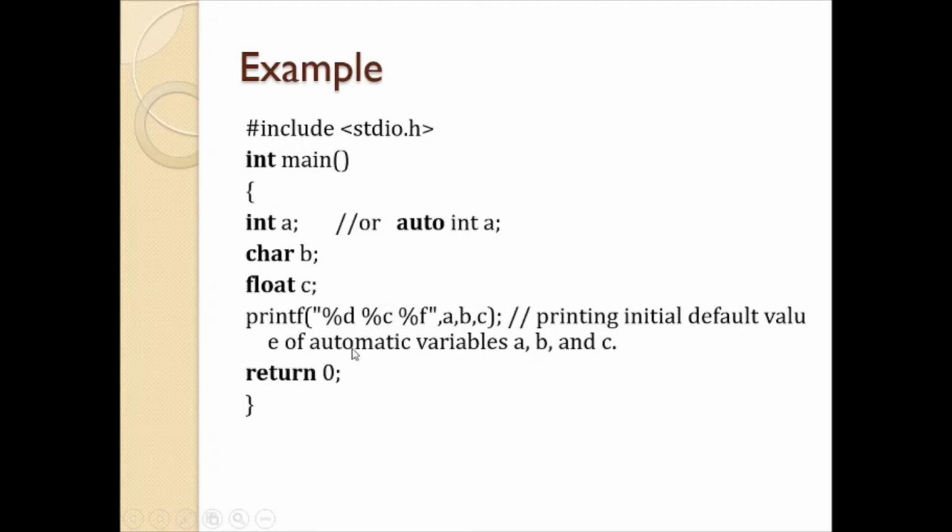They will have some garbage value. And scope means A, B, C can be used inside main only, so that is nothing but scope. Whenever you define them, the lifetime of A, B, C starts, and whenever you complete the function, these A, B, C are destroyed.